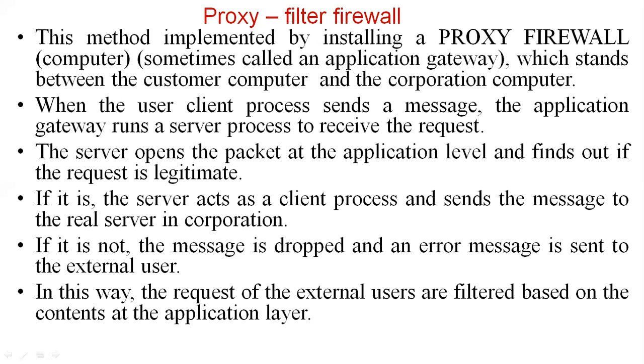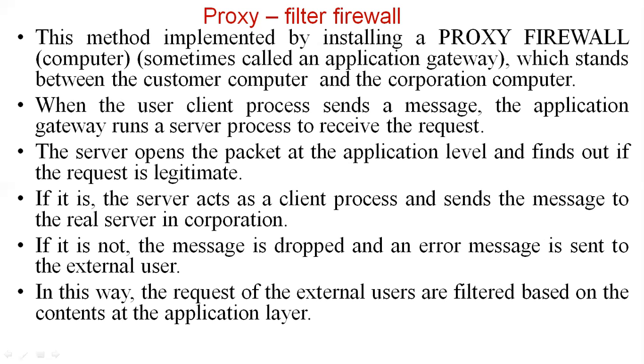A packet filter firewall only rejects or allows based on the routing table, but in the case of a proxy filter, we can block or allow particular web pages in the network.